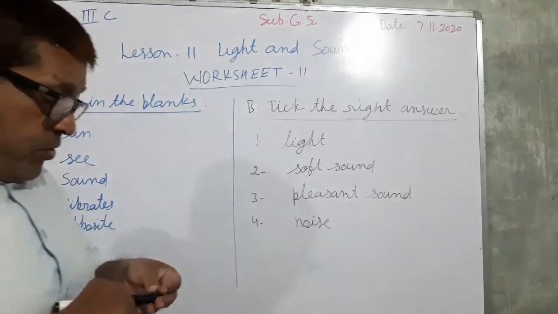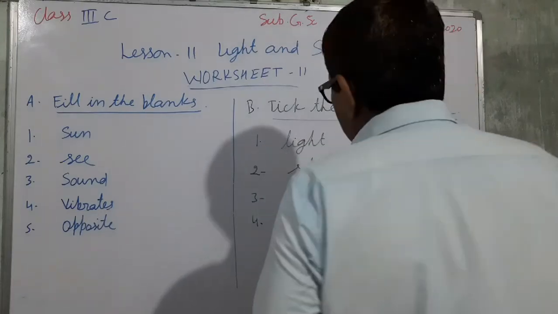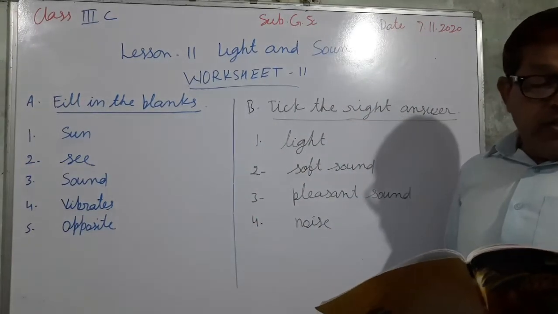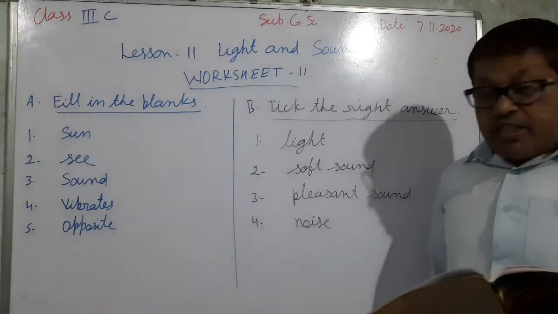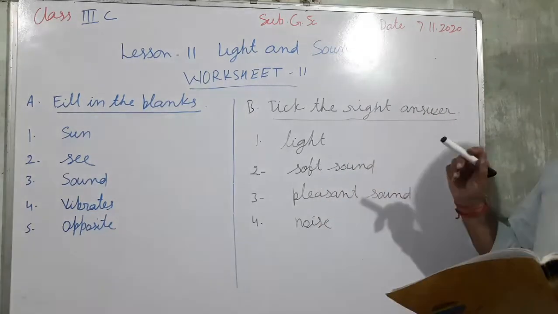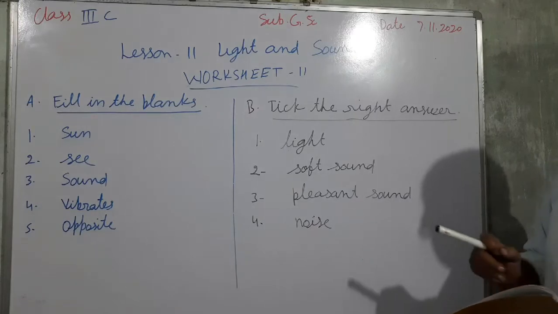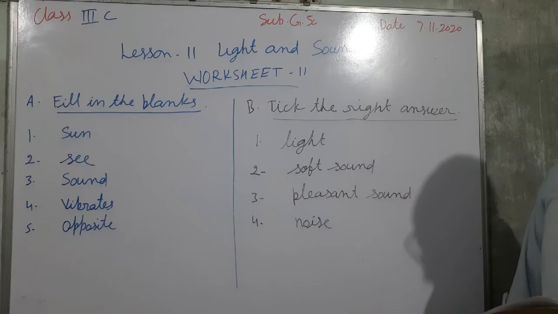Once again we have to see. Take the right answer. This is needed to make a shadow. Three options are there: light, sound, and force. So light will be the correct option.